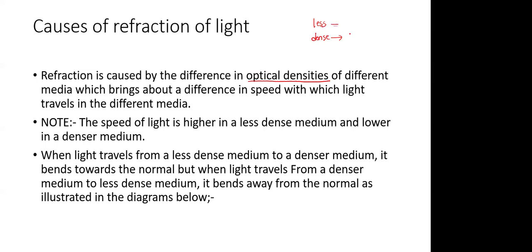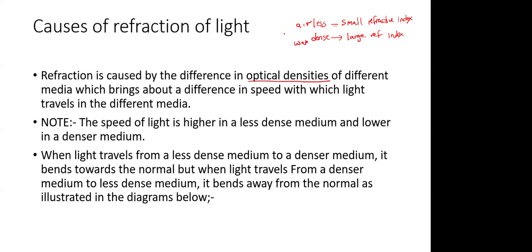Because the less dense medium has a small refractive index, it means that light can travel very fast. However, denser mediums have a large refractive index. Take an example: I have air, I have water.